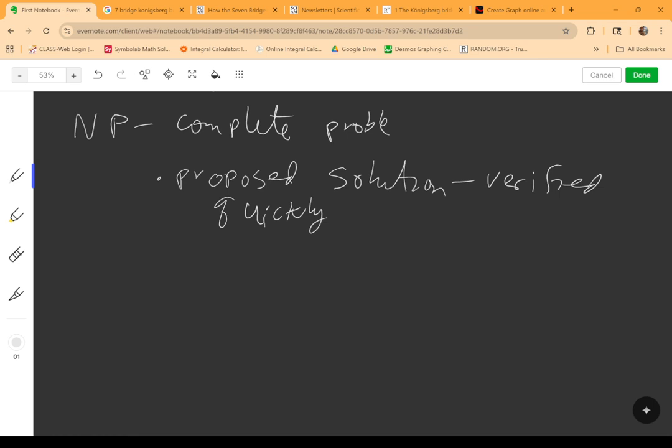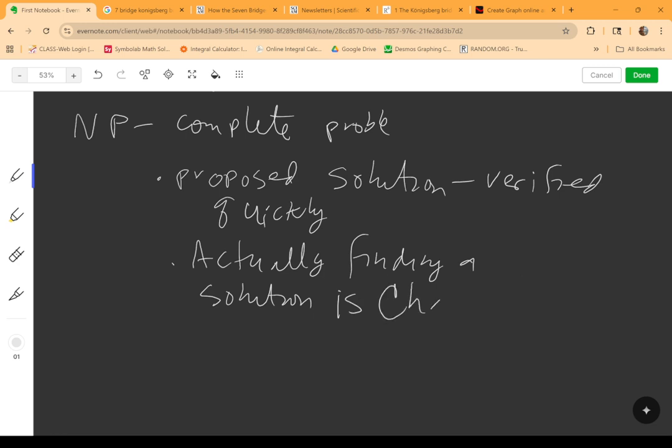But if the task was to actually find one, actually finding a solution is challenging, especially in larger graphs. It's a hard problem. There's no known solution to it, and if a solution were to be found, it would simplify a lot of these problems.